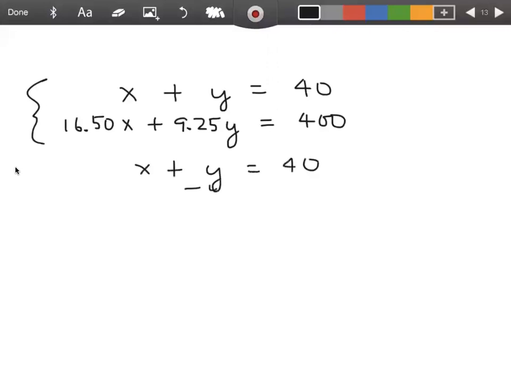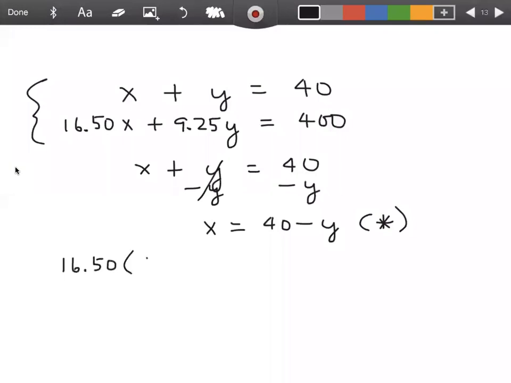So I'll subtract y on both sides, which gives me x equals 40 minus y. That's equation star. So now we'll substitute that into the second equation, which used to say 16.50x, but will now say 16.50 times 40 minus y plus 9.25y equals 400.